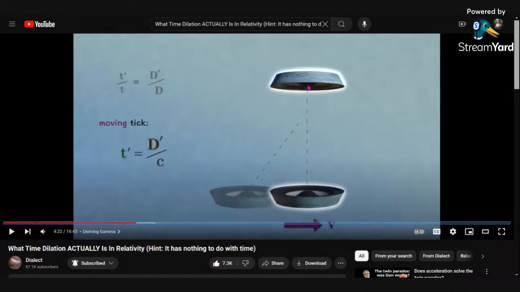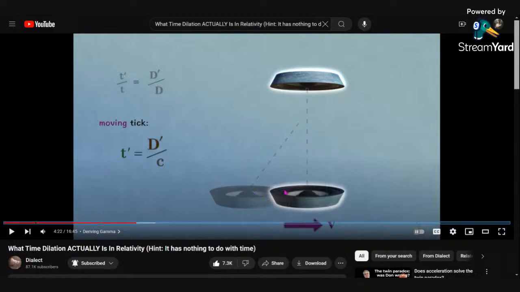So it took the time to get here. That's t prime. And t prime is t times d prime over d. So the speed of the wave times t prime is d prime. So t prime, just the time, is d prime over c.